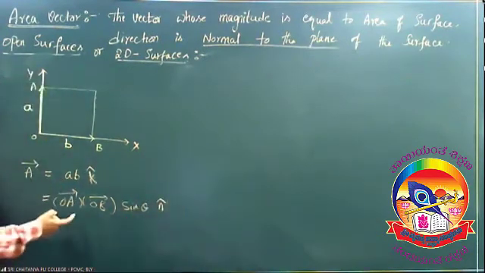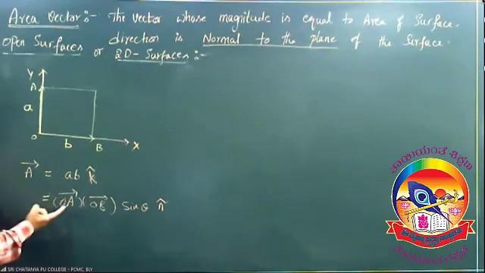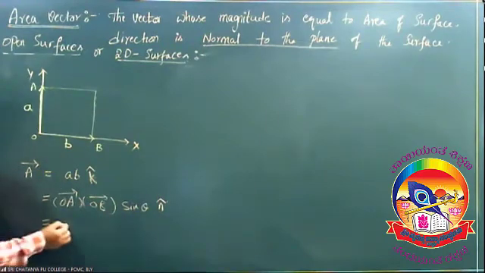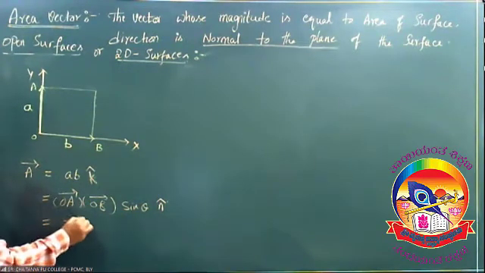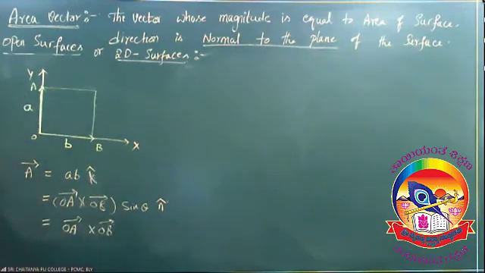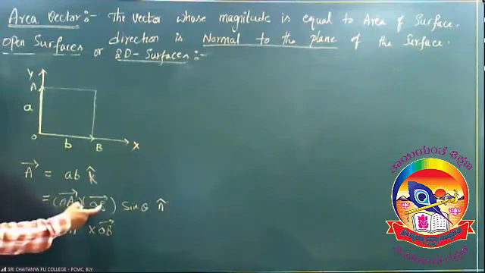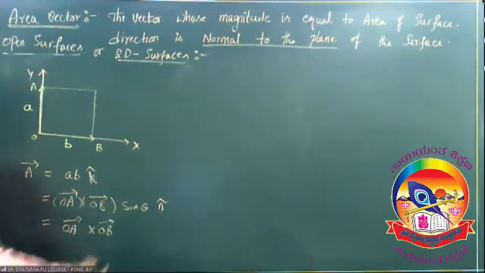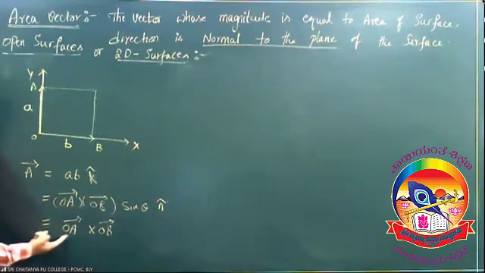Why did you get it like this? See, OA, OB sin theta into n cap is the formula for OA cross OB. Is it not OA cross OB? This is one vector.